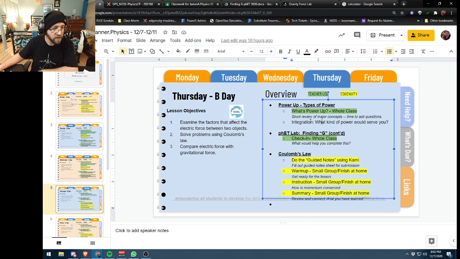It's going to be a new class feature, a way for me to explain some things that maybe other teachers don't explain, how to be good at adulting. We'll check in on the FET lab, see where we're at, and then whatever time we have left on Thursday, I'll introduce Coulomb's law, which is the rule for how electricity works, which has this beautiful, amazing symmetry with the way gravity works, and that's why we're going to look at the electric force equation at the beginning of our gravity force unit.